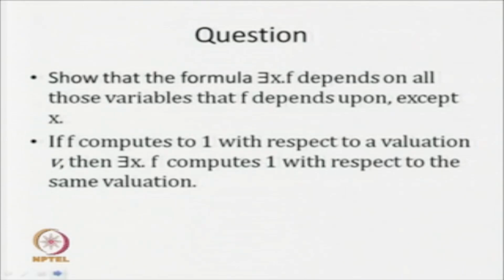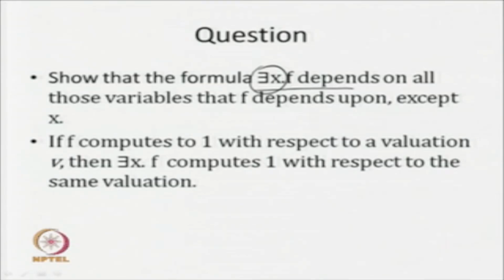We are relaxing this function on some variable. So, what it is asking is that there exists x f depends on all those variables that f depends upon except x. Now, you just try to get the feeling of what there exists x means and see whether this is correct or not. If it is correct, you establish it, or if it is not correct, then also establish it or give a counterexample. I think it is a very simple one.